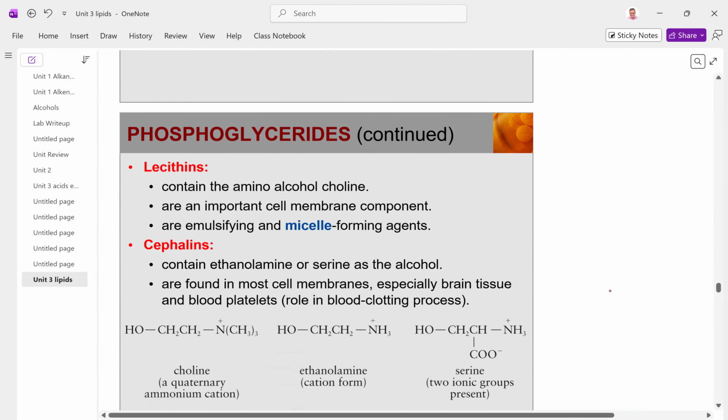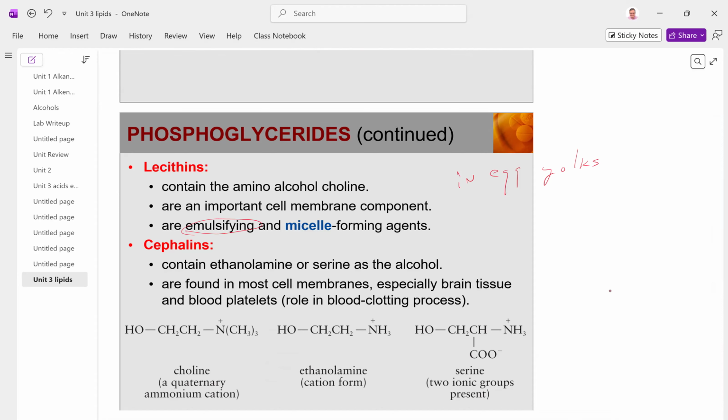So lecithin, if you've never heard of lecithin before, is in egg yolks, and it's a wonderful emulsifier. When you want to make mayonnaise or various cream sauces, you put in an egg yolk and it emulsifies the oil and the water-based ingredients. It's also in Caesar salad dressing. It's used a lot.